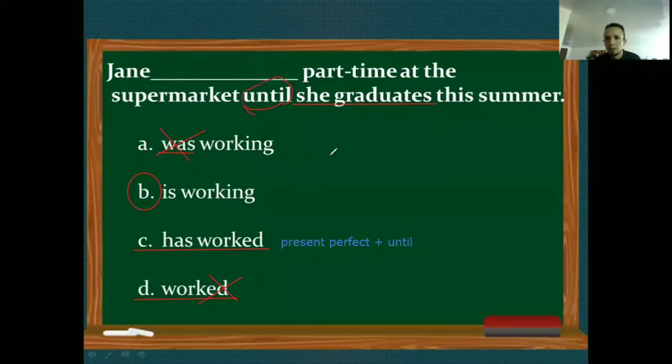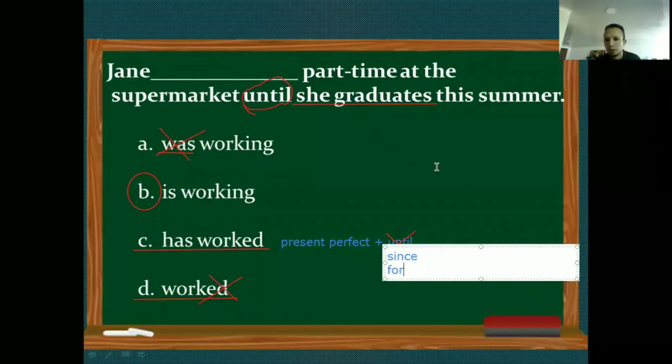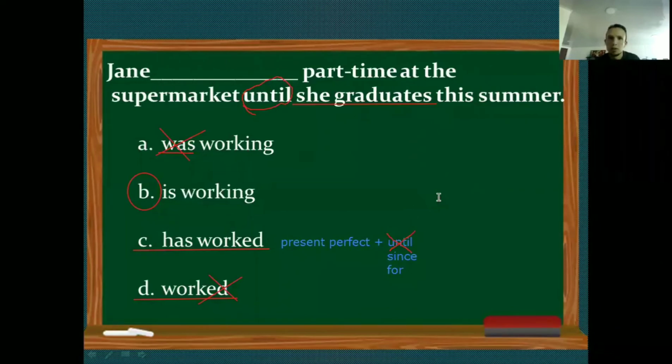Okay, it's possible to use present perfect with something like since or for, when we are mentioning the time, like for example summer. For this reason, it's necessary to use present. Jane is working in this moment part-time at the supermarket until she graduates. Until that moment, she will continue working.